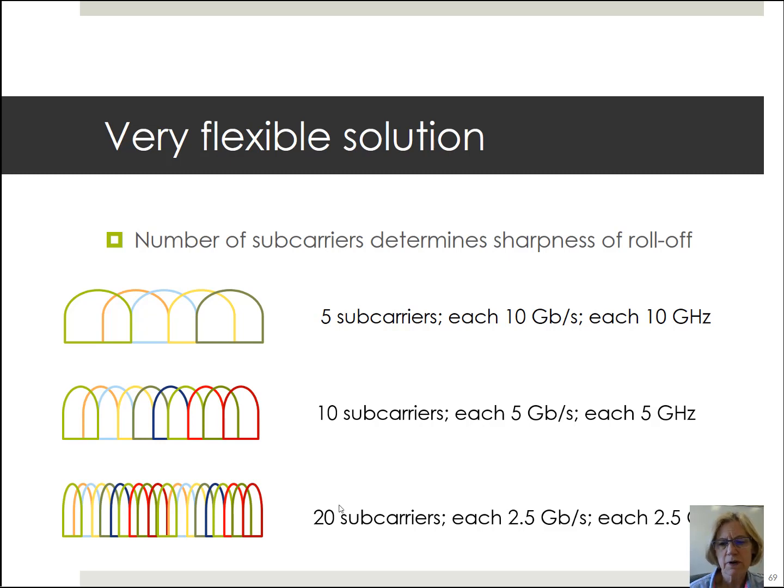So without going into too much more detail, one of the advantages in going to a higher number of subcarriers, besides the sharpness of the roll-off, is also the ease of doing equalization via OFDM.